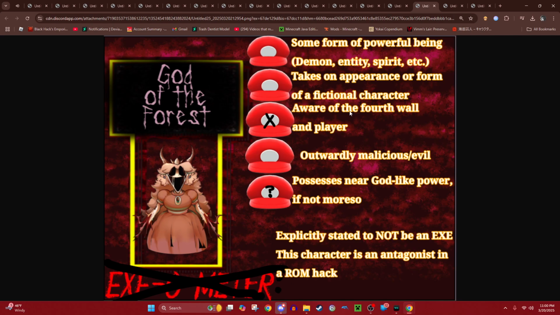Now then, we move on to the EXE-o-meter. However, we don't have to, because they have been explicitly stated to not be an EXE. This character is an antagonist in a ROM hack. I don't know if that would count them as a horror brew, like something like MX.